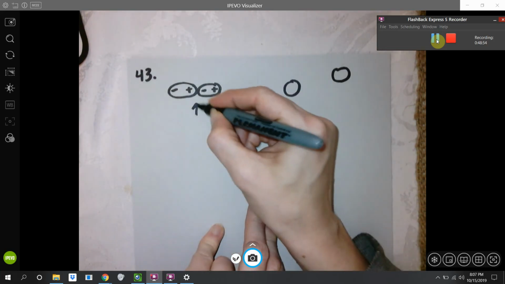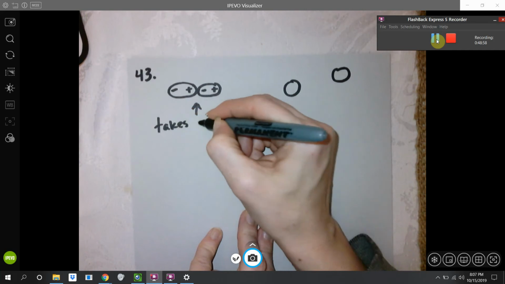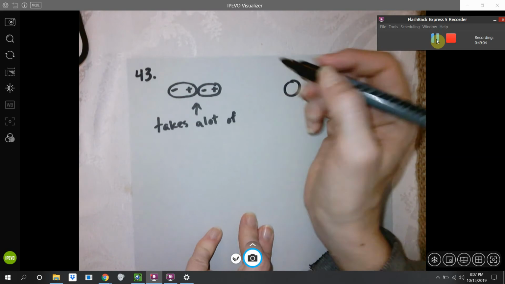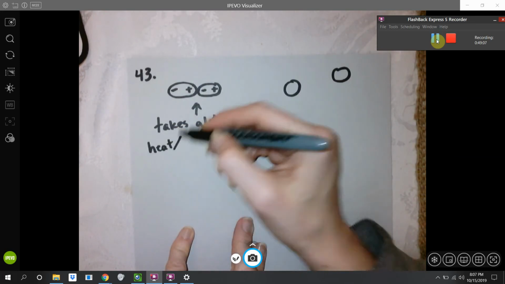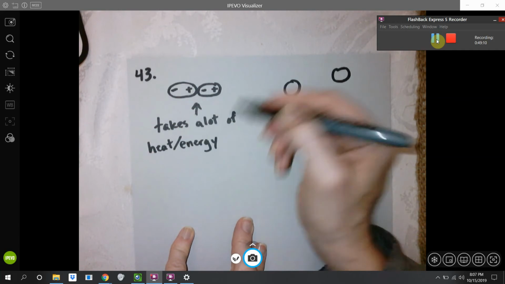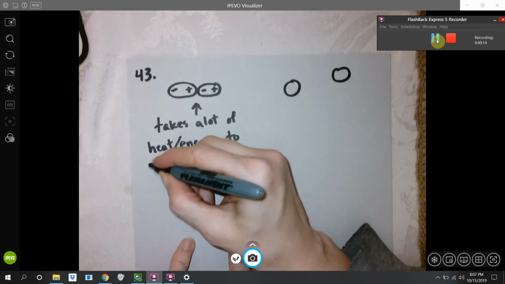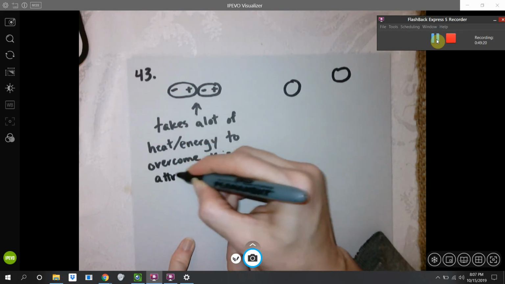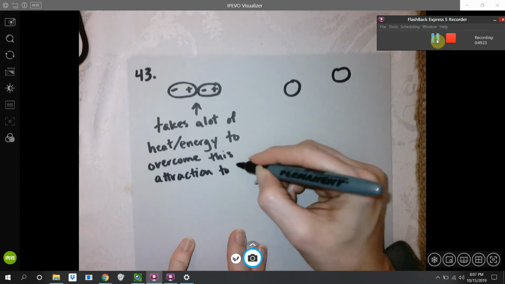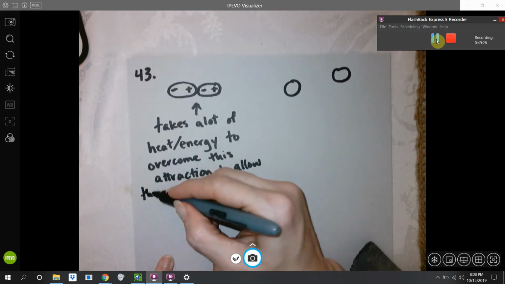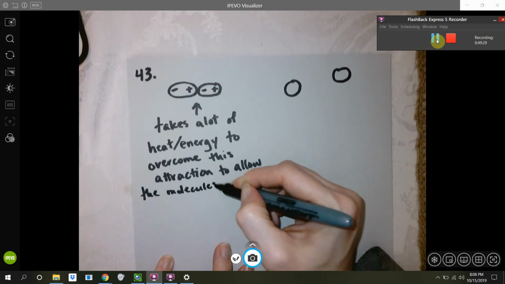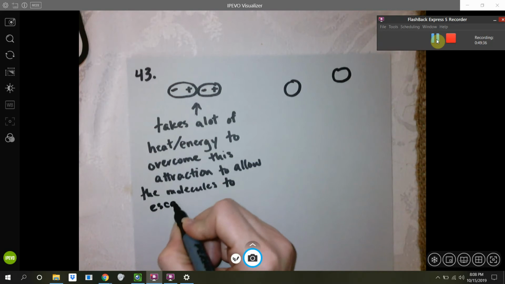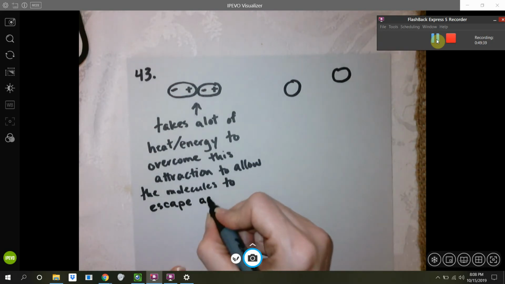So it takes a lot of heat energy, whichever you want to think about it, to overcome this attraction to allow the molecules to, let's say, escape as a gas, right?